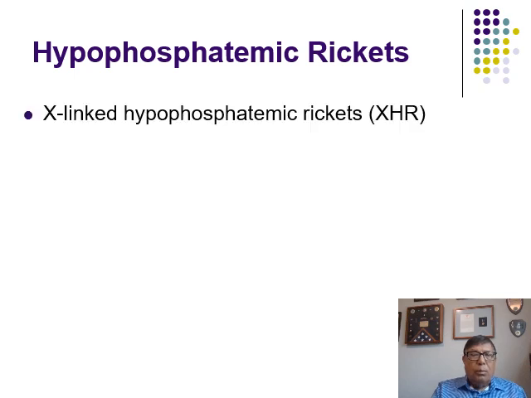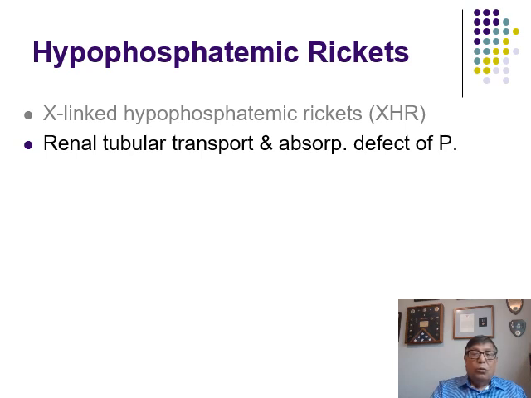I'm going to talk a little bit about hypophosphatemic rickets. This is X-linked hypophosphatemic rickets. However, many endocrinologists will tell you that it could be autosomal dominant, and when it affects the female, it is more severe. But in general, for your purpose, this is X-linked hypophosphatemic rickets. The problem here is the renal tubular transport and absorption of phosphate.